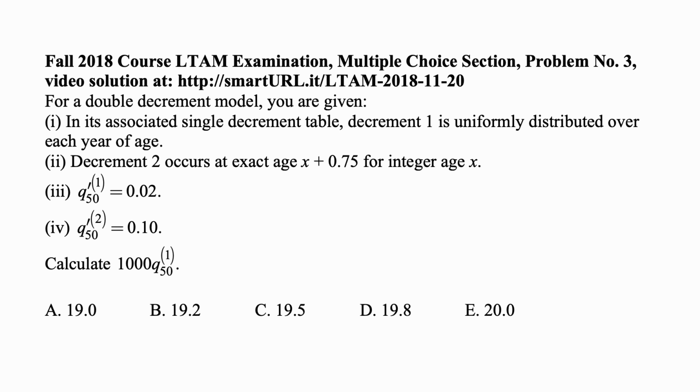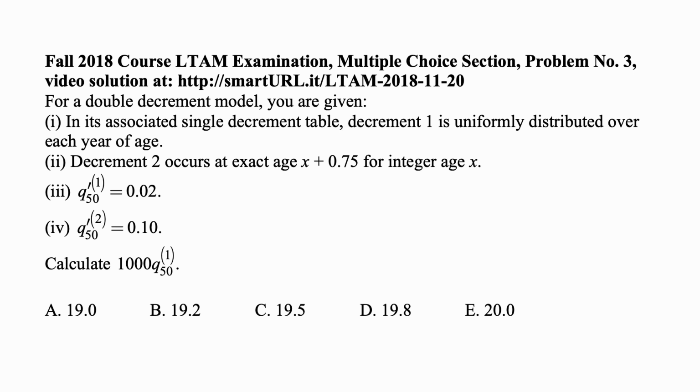And what we're being asked to calculate is 1,000 times q50 upper 1, which is 1,000 times the probability of dying for a 50-year-old, but observed, not in that world in which only one cause kills you, but in the real world in which all causes compete. So it's the observed probability of dying within a year for age 50 from cause 1, or not necessarily dying, but being removed from the population.